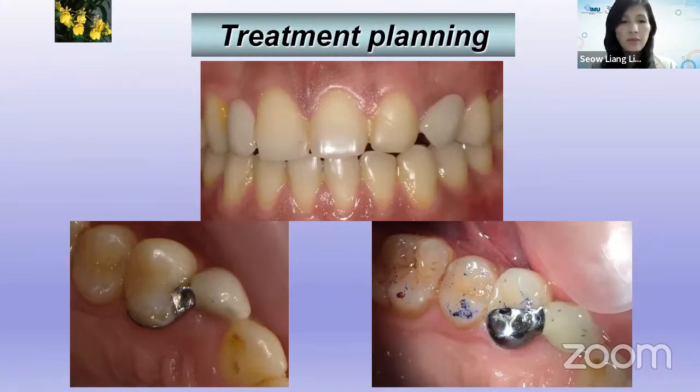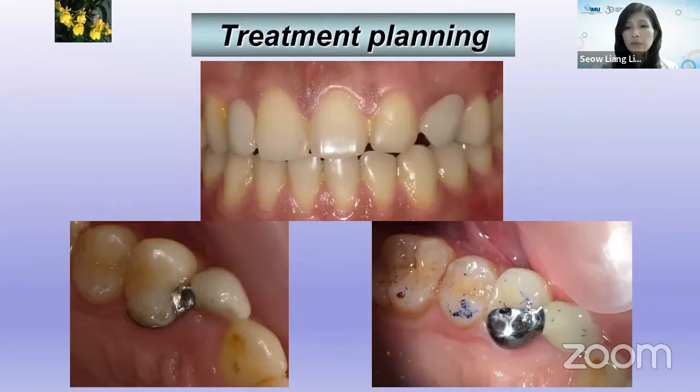And true enough, after about 9 months, 10 months, he came back. So we explained to him, shall we redesign the prosthesis and this time have a palatal coverage. So this resin bonded bridge has been there until now about 4 years plus already, and it's still there. So what is the take home message here?